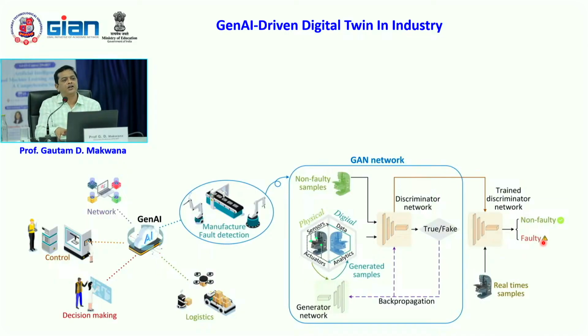With the help of generative AI, whatever phenomena can be generated in the digital twin can be classified, to tell whether this laptop will be faulty or not faulty. This is just an example of manufacturing a complete laptop, and it is possible with the help of generative AI and digital twins.